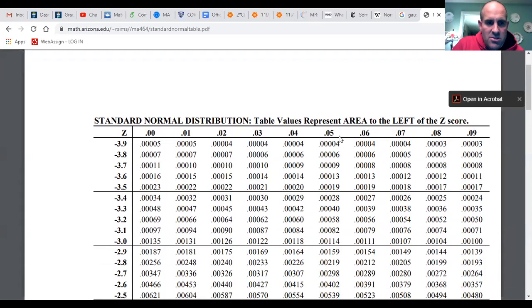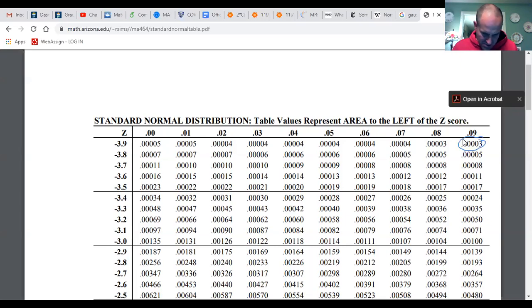It gives you the digits to the tenths position down the left-hand column, and then the numbers across the top give the digits to the hundredths position. And the numbers in the table are the probability to the left of that, so it gives the area to the left of that Z score. So for instance, how much probability is there to the left of negative 3.99? Well, it would be this number right here.